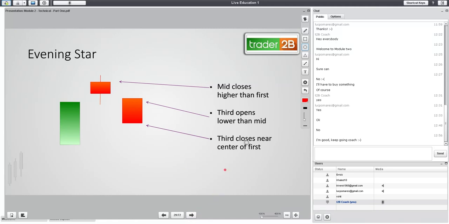Again, the opposite is taking place here. The only difference between this evening star and the previous one is that this middle candle is green rather than red.